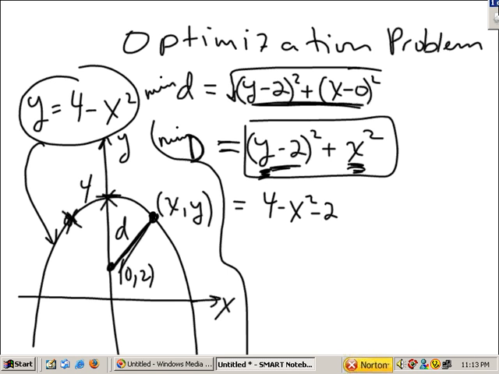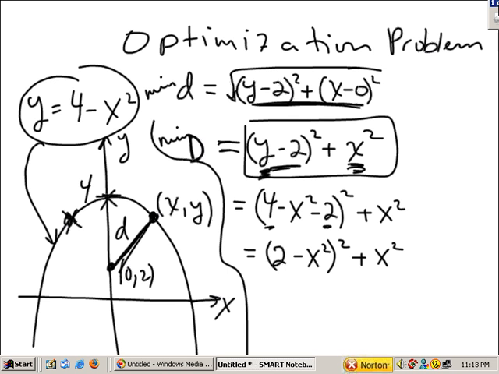Minus 2, all squared, plus x squared. 4 minus 2 happens to be 2. So (2 minus x squared) all squared, plus x squared. Now we want to take the derivative.